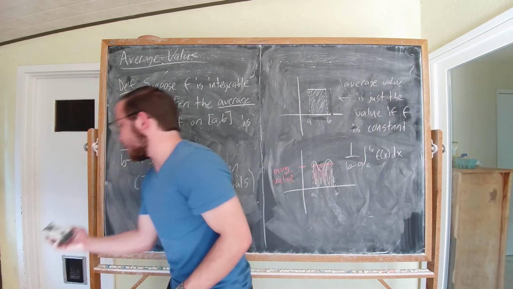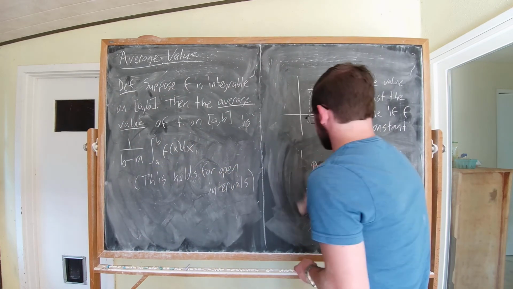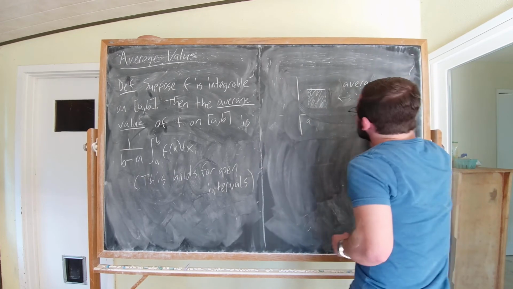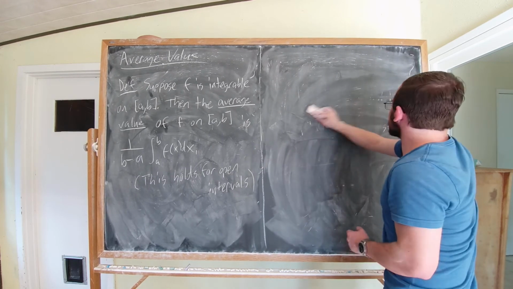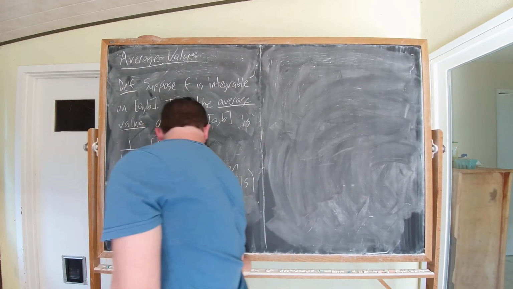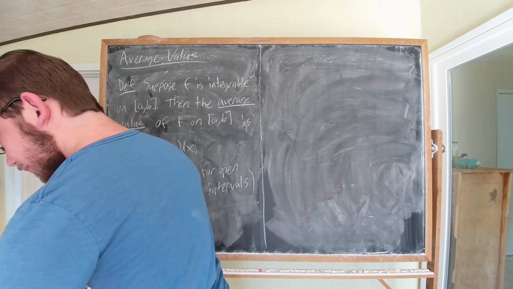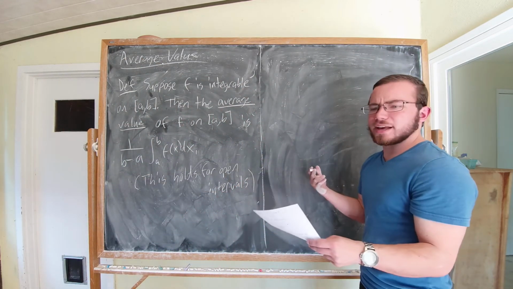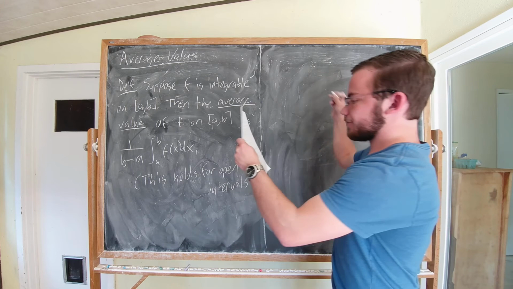And if you don't care about why the definition makes sense, and you just want to use it, let's do it. We'll do 2 examples and then I think we'll call it good for this video.